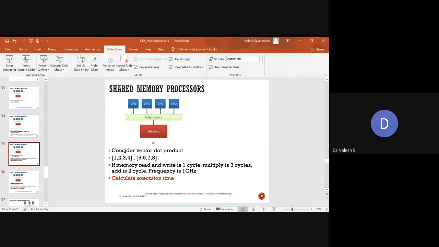And how do you do that? Each processor fetches a pair of data, multiplies, writes back the data, then one processor will fetch all the data, add up and write back. So how many cycles are required for all these operations?